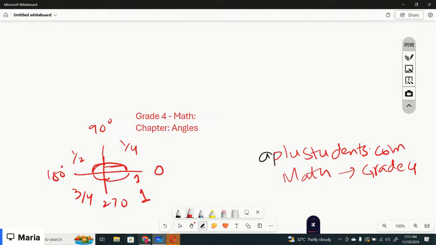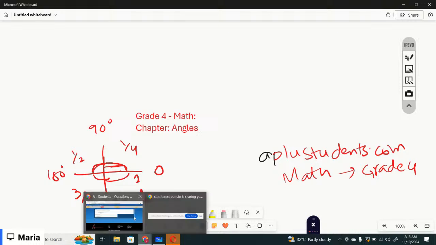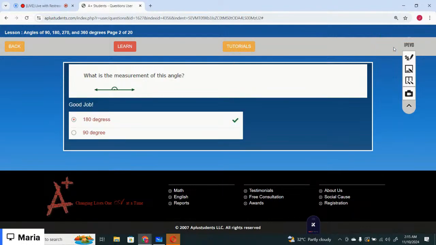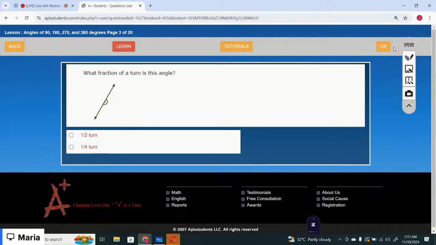So now let's just do the questions. What is the measurement of this angle? Which is the correct option? That is 180 degrees. Option number 1 is the correct option. 180 degrees it is. What fraction of a turn is this angle?